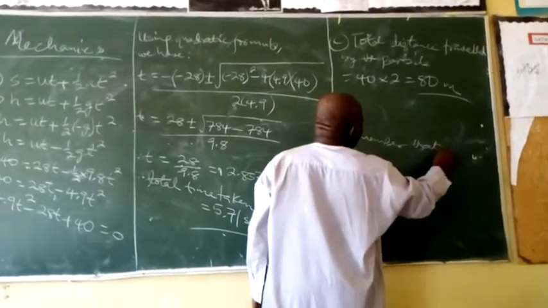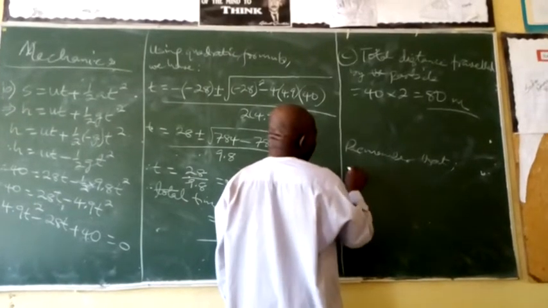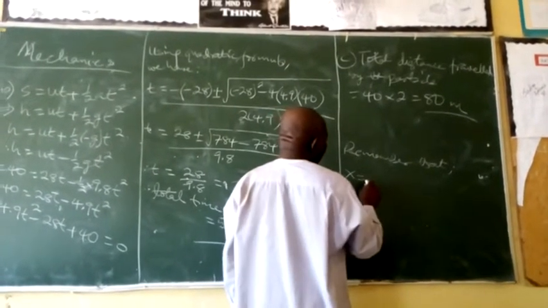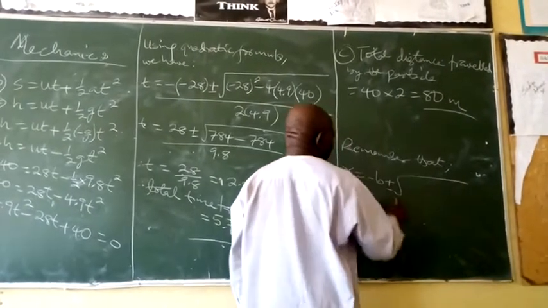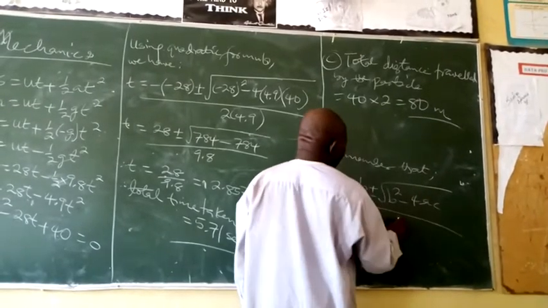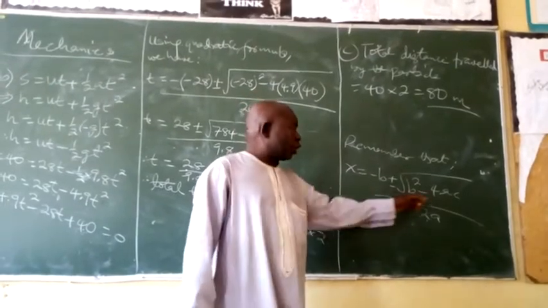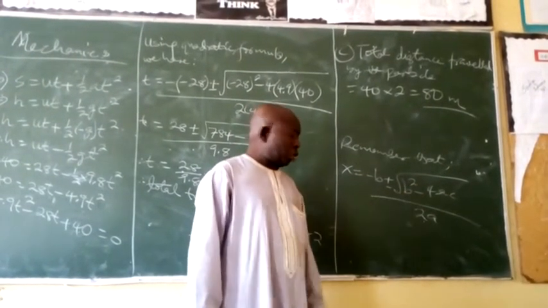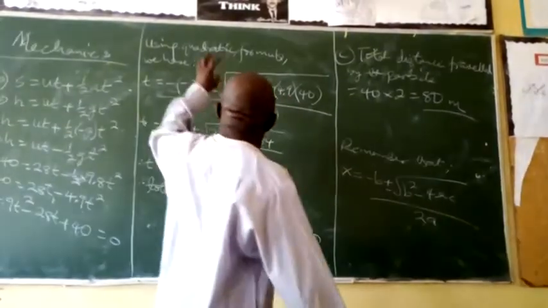Remember that the quadratic formula we are talking about, x is equal to minus b plus or minus the root of b squared minus 4ac over 2a, is in your four-figure table, so you can lift it from there. It is this formula that I have used here.